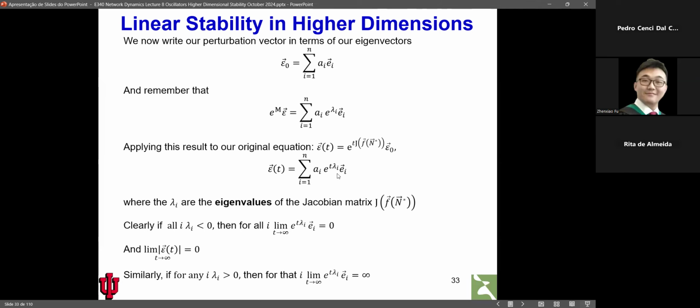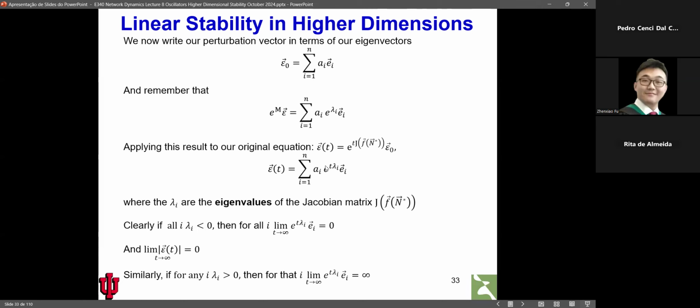If they are positive, then this thing is going to go to infinity, which means that if you have a vector that has one component that goes to infinity, the size, the modulus of the vector, is going to infinity as well. And if you have many of them, then you are going to have many parts of it that are infinite, and then it's going to infinity.